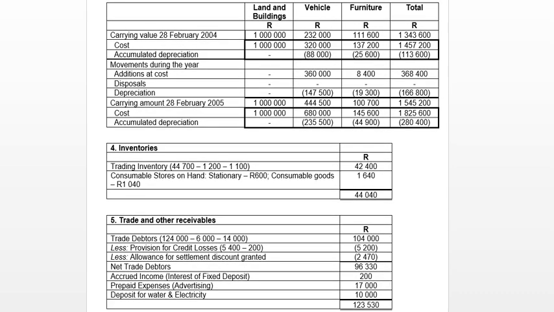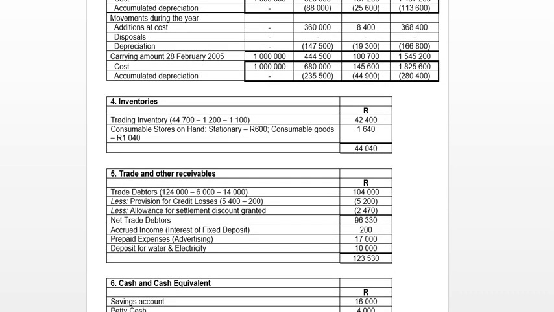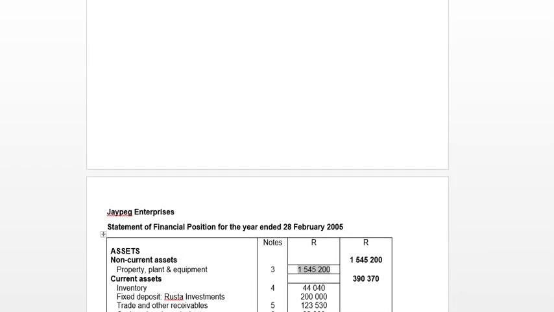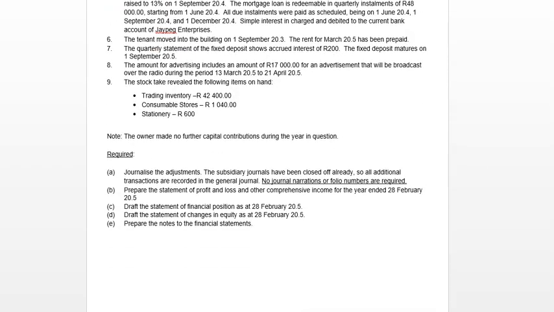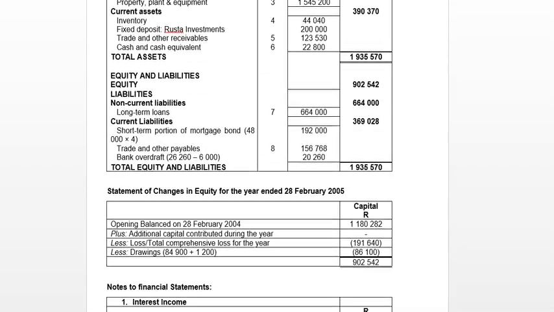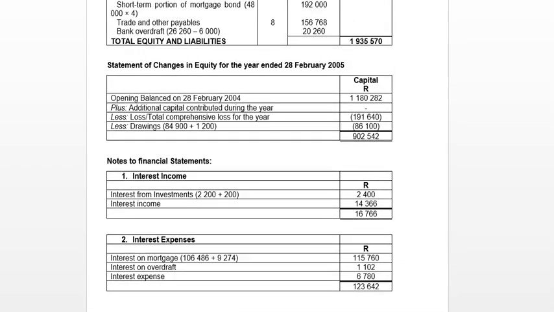Next, we need to record our inventory. So our current asset, that's going to be our inventory. What we use here is the information we get from our stock take. So for inventory, on the last day of the financial year, we counted our physical inventory to be 42,400 Rand, and our consumable stores will then be 1,040 Rand, and for stationery, so our consumables on hand is those two.